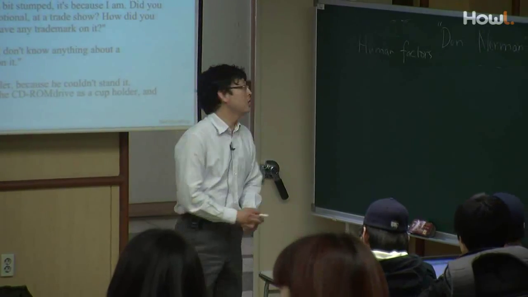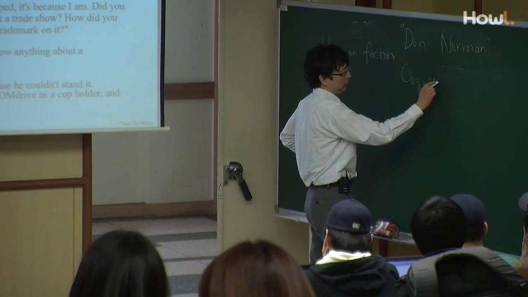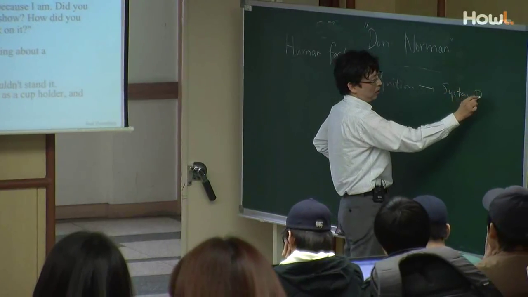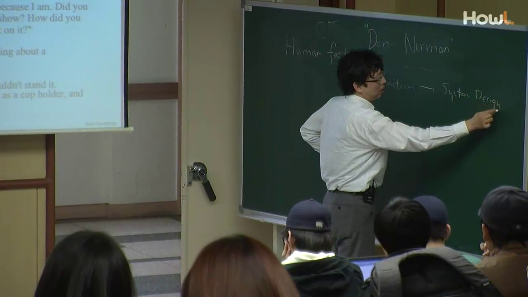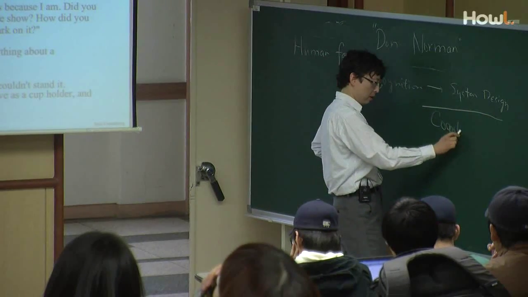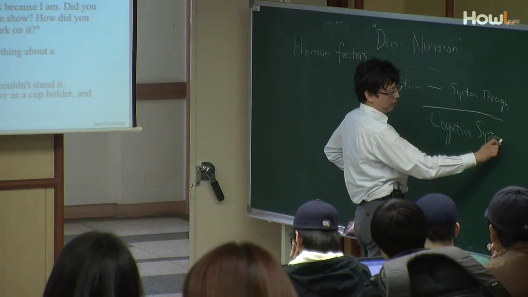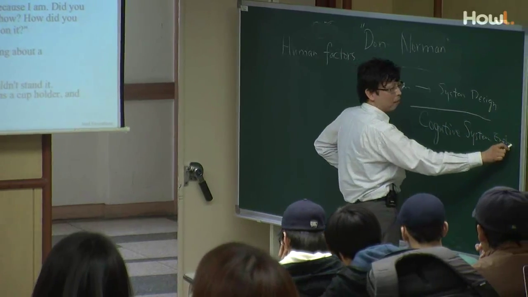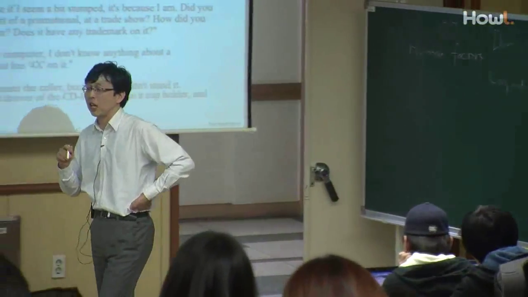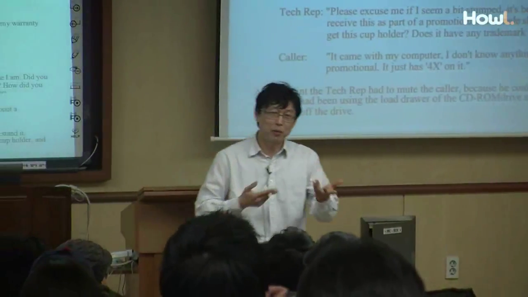So, for the first time, cognition entered system design. What he made was cognitive systems engineering. Before cognitive systems engineering, system engineering was all about control theory or feedback loops.